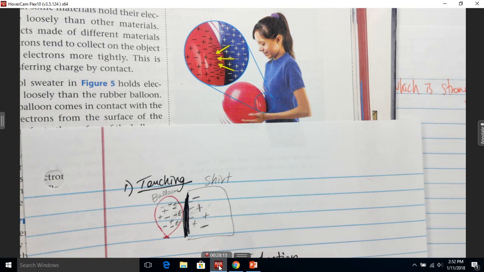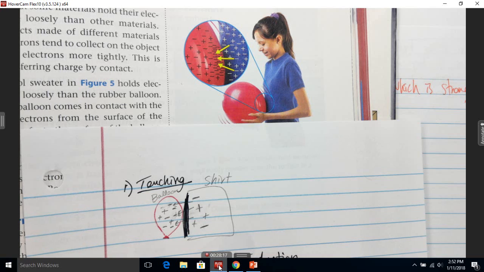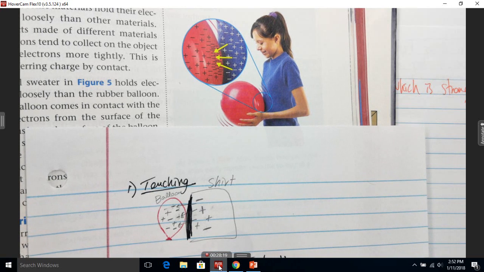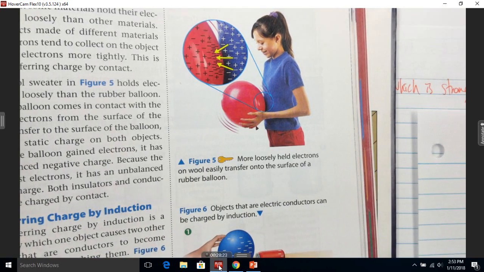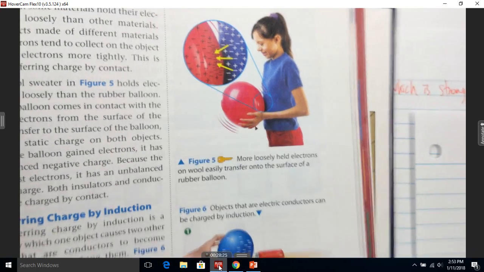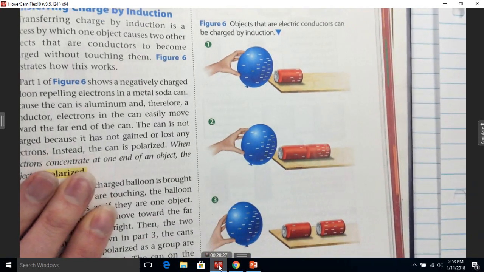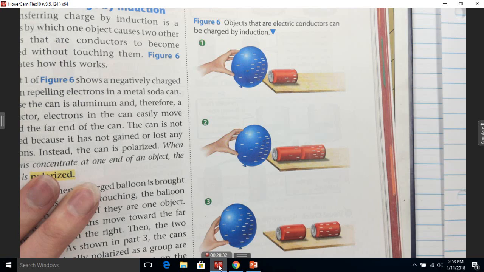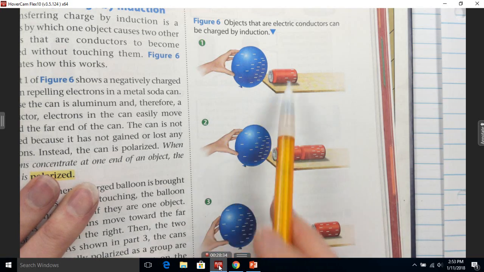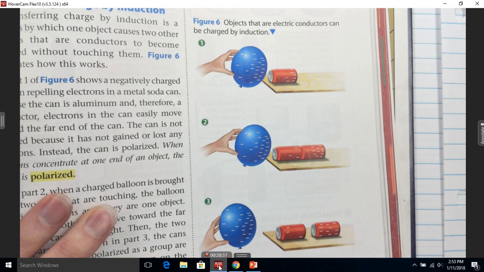Does anybody have any questions about that? No. Okay. The next one is this. Not touching. Okay. So, take the balloon, you put it by a can.